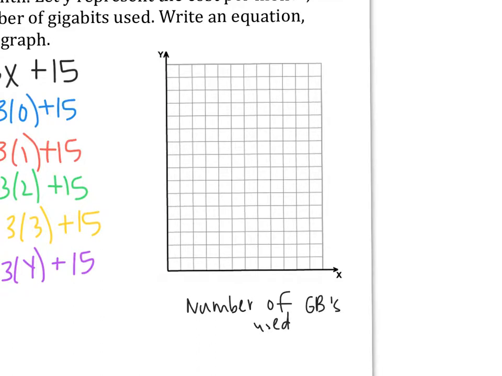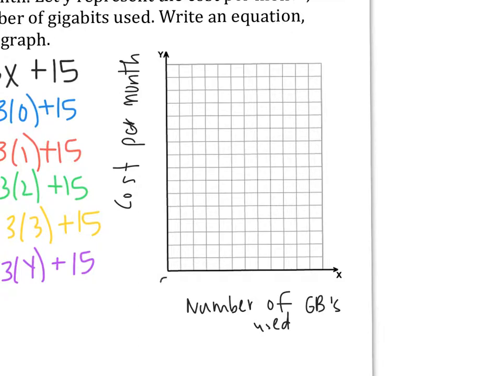And then the y-axis would be the output, the y values of cost, or the dependent variable, what depends on the number of gigabytes used, cost per month. And that again is in dollars.